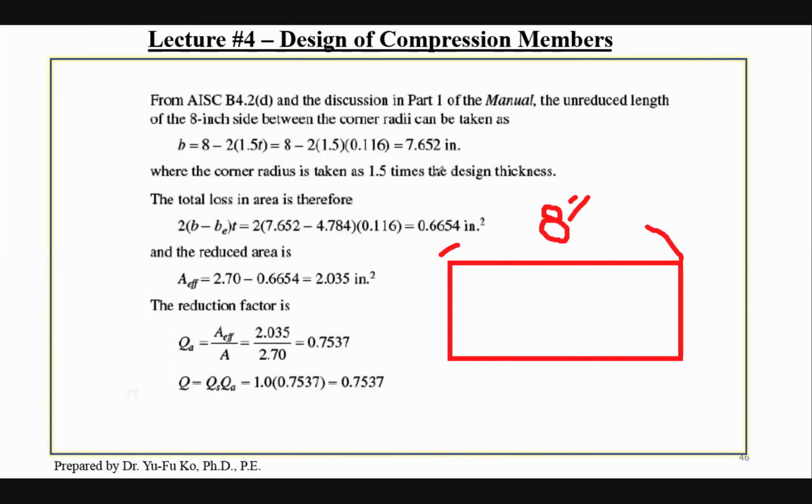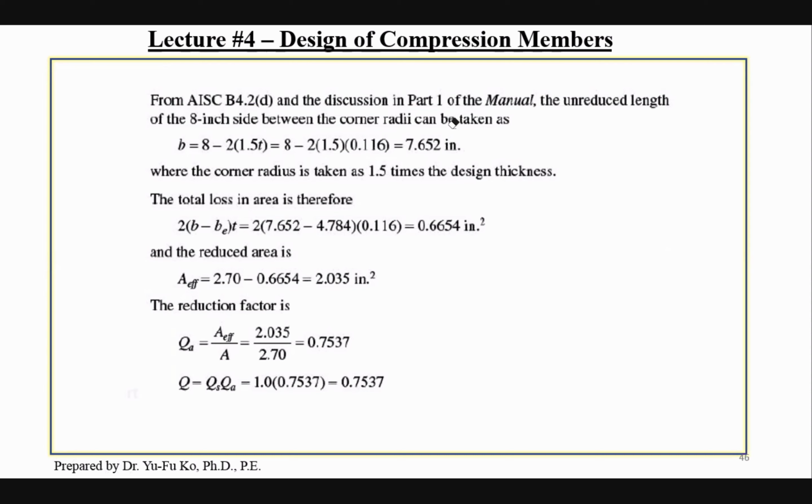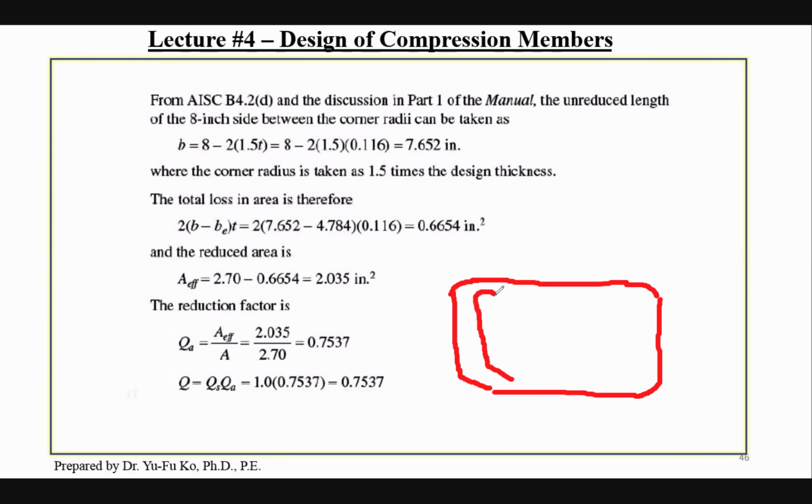this is not rectangular. It will look like this. You will have a radius in the turning corner. So it will actually look like this when they do the manufacturing process for the HSS.